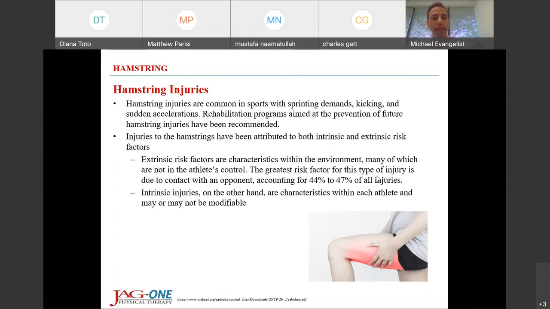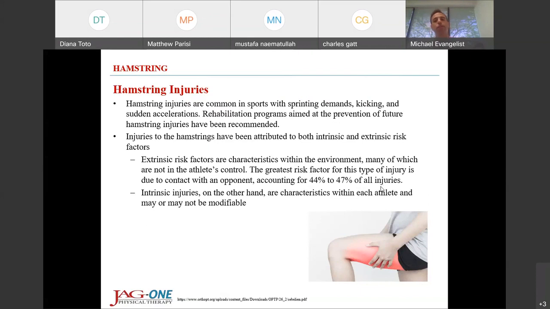Rehabilitative programs aimed at the prevention of future hamstring injuries are definitely recommended. Injuries to the hamstrings have been attributed to both intrinsic and extrinsic risk factors. Extrinsic risk factors are characteristics within the environment, many of which are not in the athlete's control.